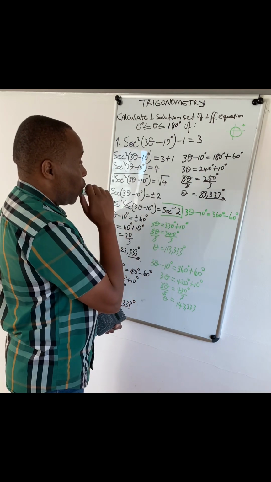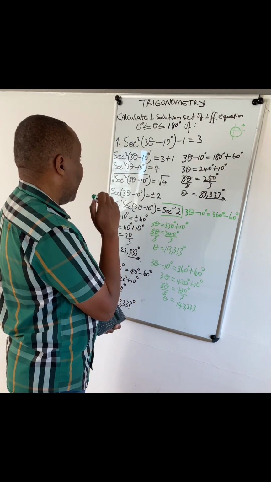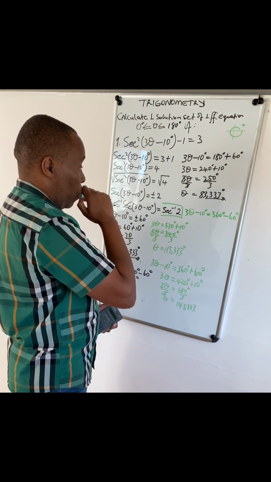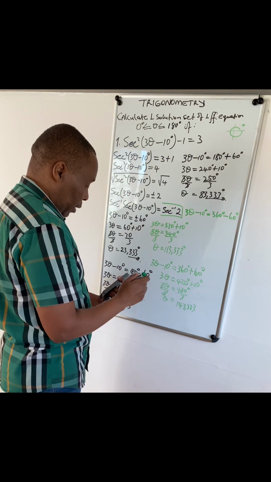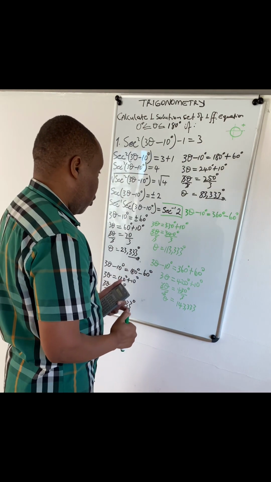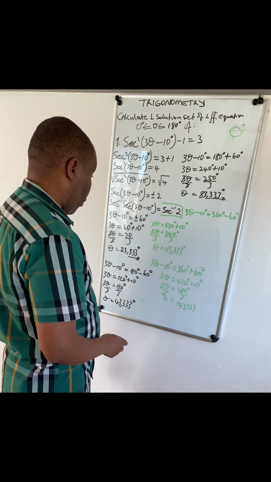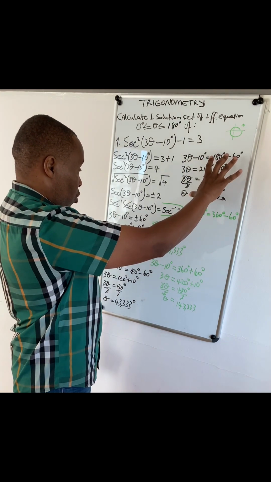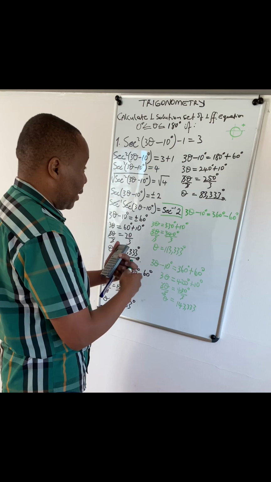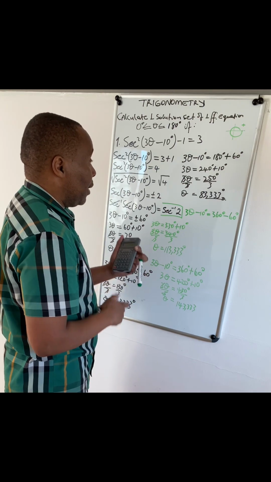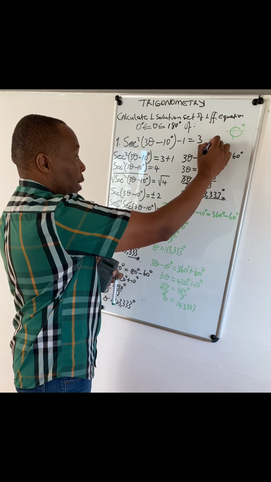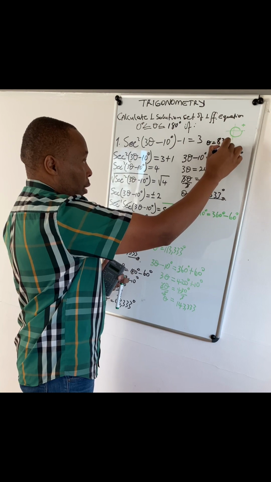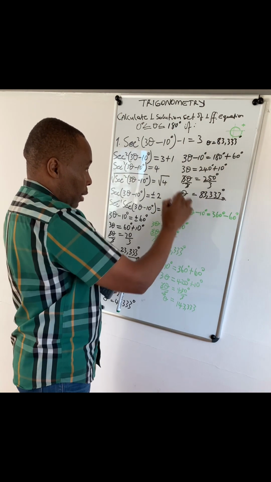So we have to go for another. Because of space, I'm running out of space, I might have to come here. I'll just write the 83.333 here. Remember this, theta is equal to 83.333 degrees. It comes from here.